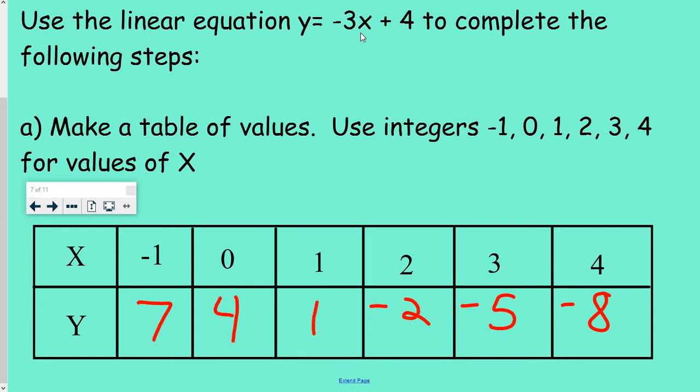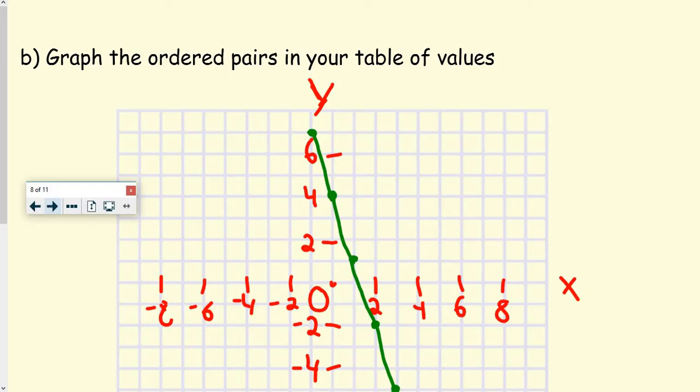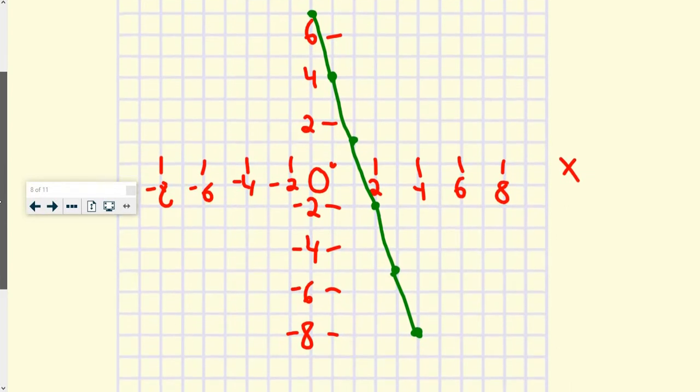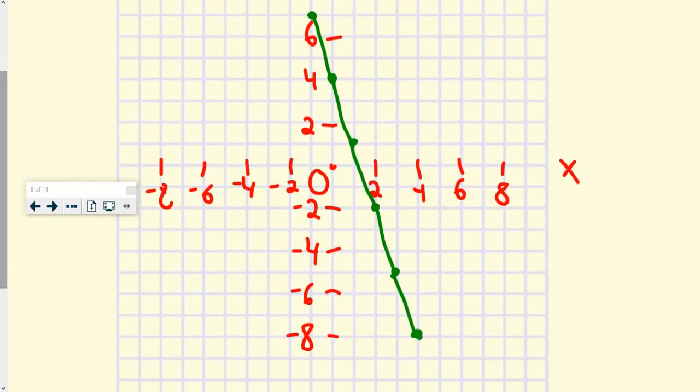Each one goes down by 3 every time, and that's what we're multiplying by, like we talked about last time. When we graph the ordered pairs, we can see that it's a linear relationship, and each time it goes down by 3.